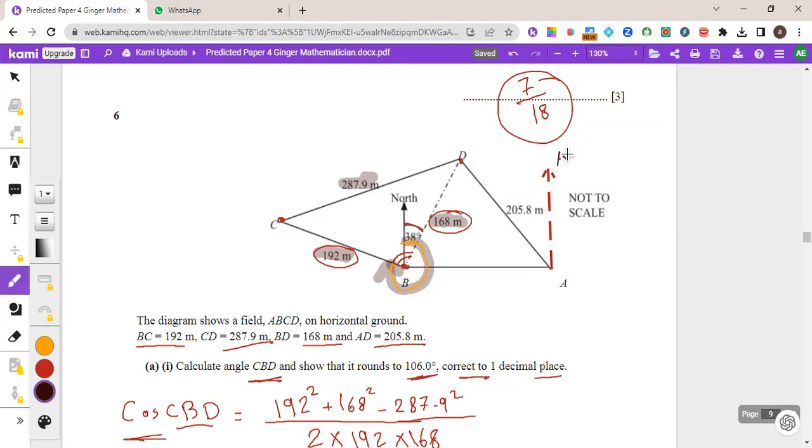And he mentioned the bearing of D from A. Okay, so I will go clockwise. This one, and we know that this angle is 90.